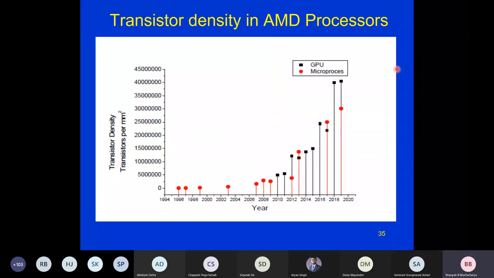Okay, so moving ahead, there is a parameter which is called the transistor density, or the number of transistors per unit area of the chip. If you look into this diagram, it talks about the transistor density in AMD processors. On the horizontal scale, you see the year, and on the vertical scale, you see the transistor density.